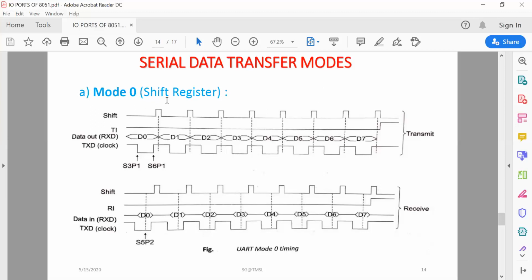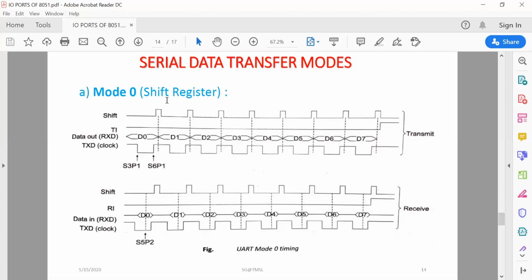Now in each state there are 2 phases, phase 1, phase 2, means P1, P2. Suppose the first state is S0. So the falling edge of one pulse to the rising edge is called one cycle, and another is the next one. So 2 cycles will be present in the S0 state. Then in the S1 state, another 2 will be there, P1 and P2.